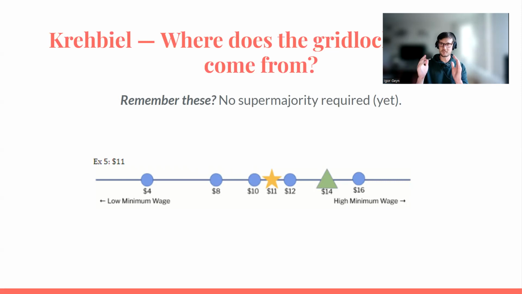The second thing is to take note of the fact that we could have answered this by saying that the status quo will remain unchanged, by just observing the simple fact that the status quo is between the median senator and the presidential veto. That is the gridlock interval. In the version of this model where there is no supermajority requirement, right, which I've flagged up here, in that version of the world, the gridlock interval exists between the $10 wage and the $14 wage, right?